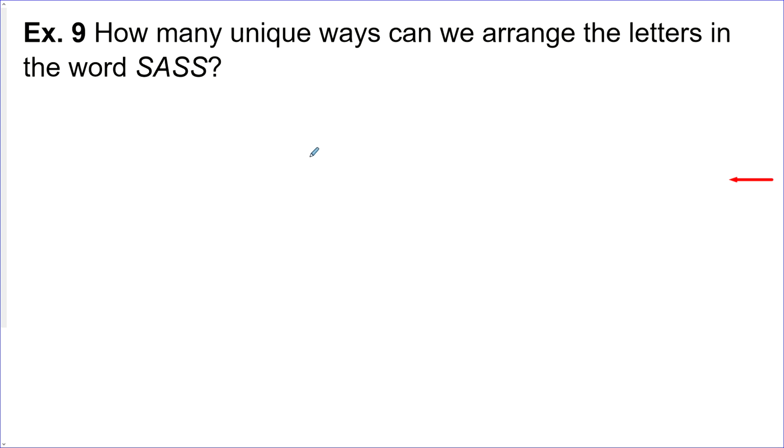How many unique ways can we arrange the letters in the word SAS? Now normally if we had 4 letters in a word, then there would be 4 factorial ways to arrange those letters. But in this case we've got 3 S's and they're all identical, so if they switch places I can't tell, and we wouldn't get another unique arrangement. So I've got to divide off the number of ways that we can arrange the S's.